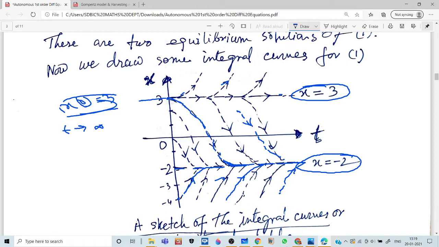So here x equal to -2 plays the role of an attractor.